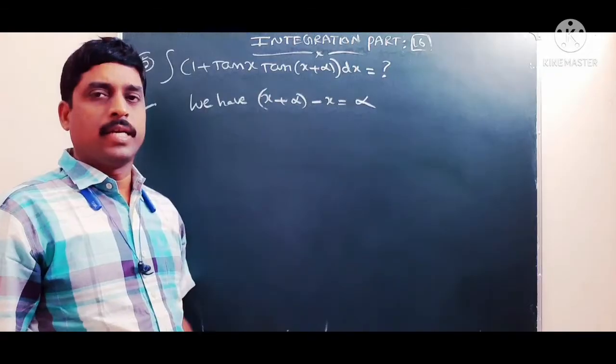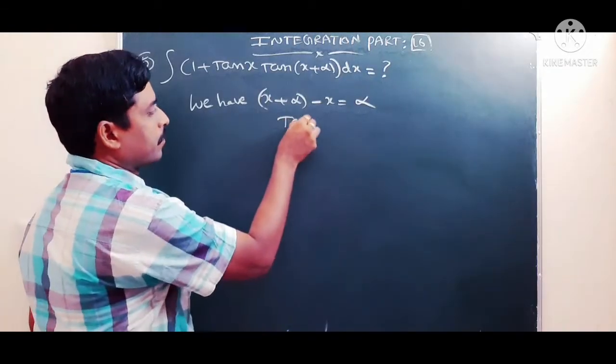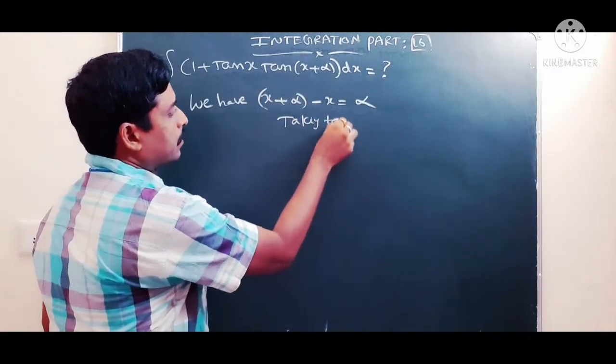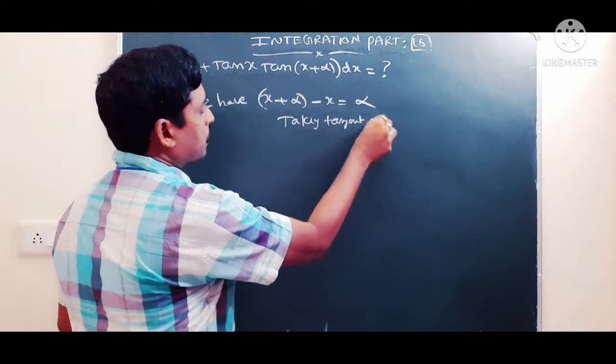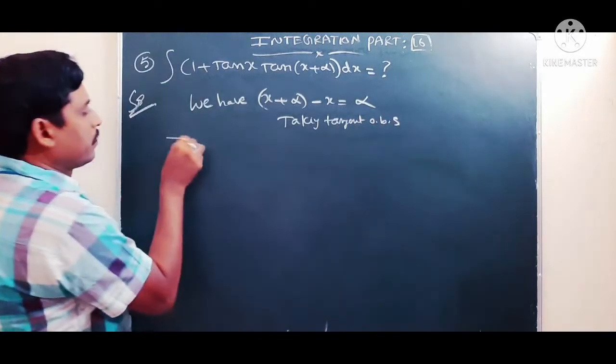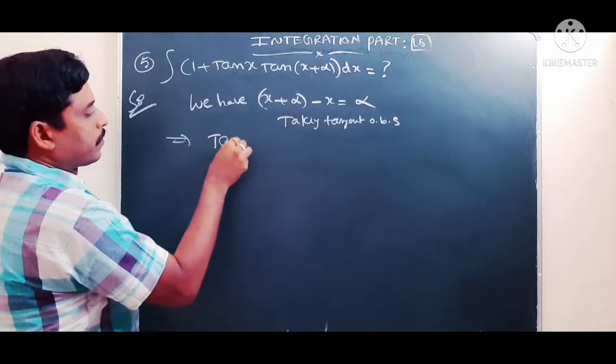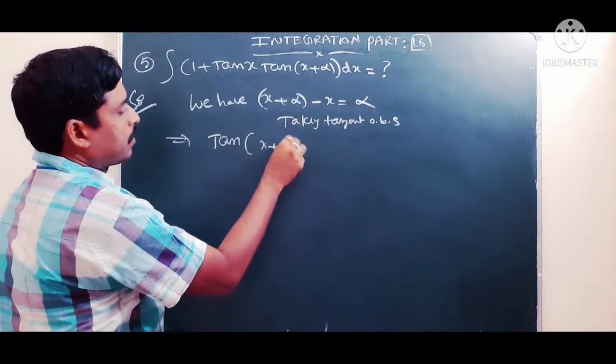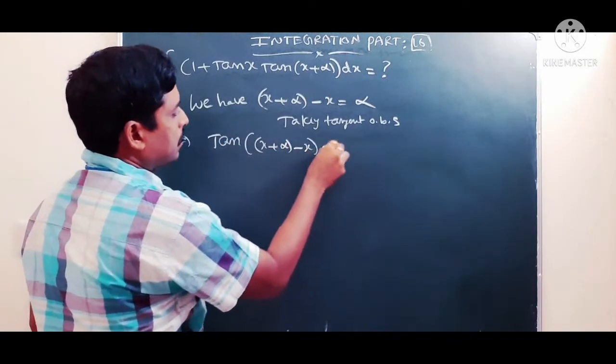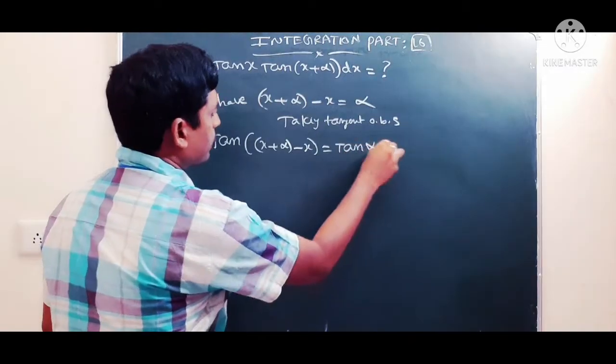Now taking tangent on both sides, tan of x plus alpha minus x is equal to tan alpha.